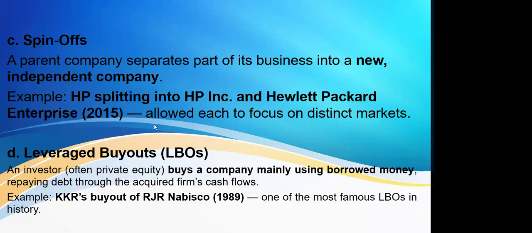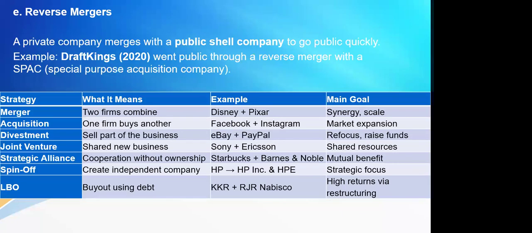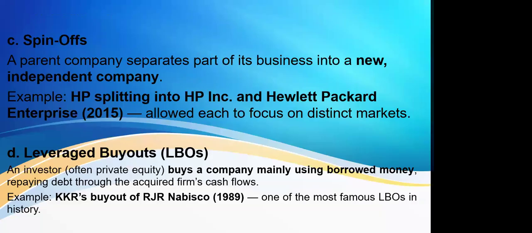The leveraged buyouts. Leveraged buyouts, we call it LBO. So an investor, often a private company, buys a company mainly using borrowed money, repaying debt through the acquired firm's cash flow.